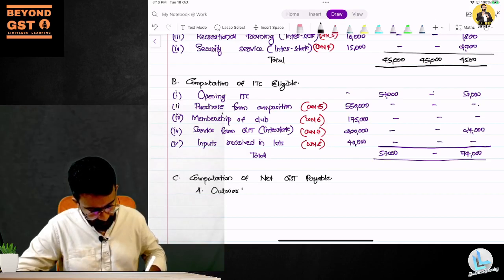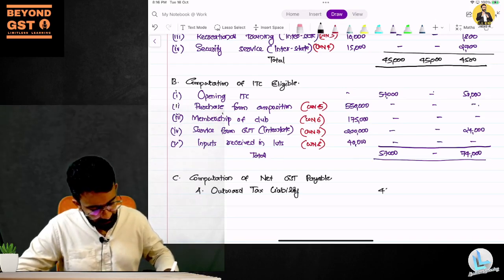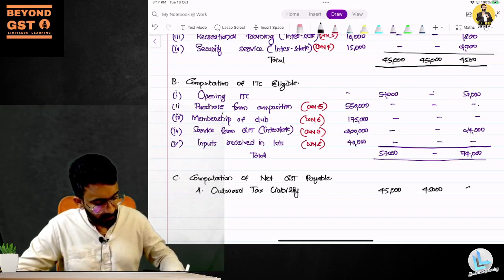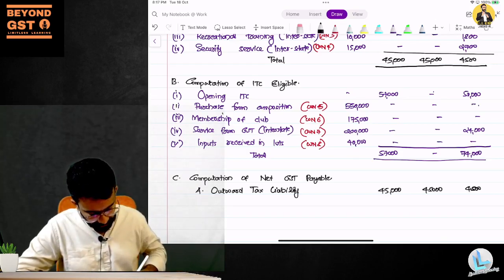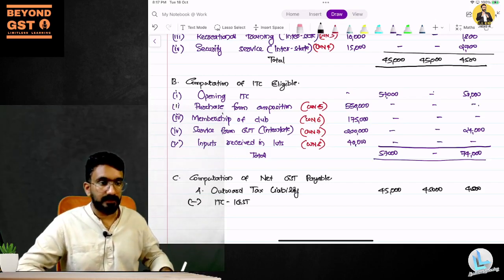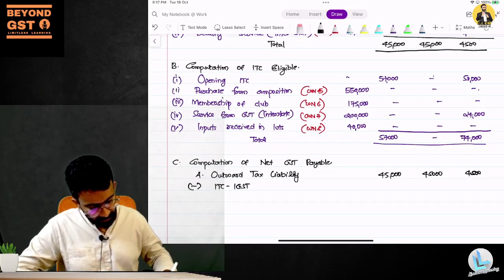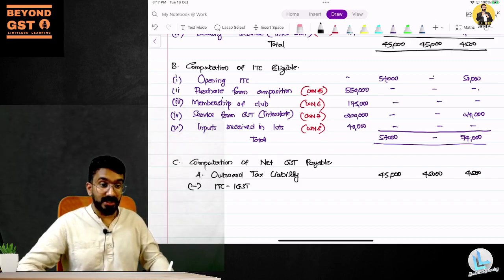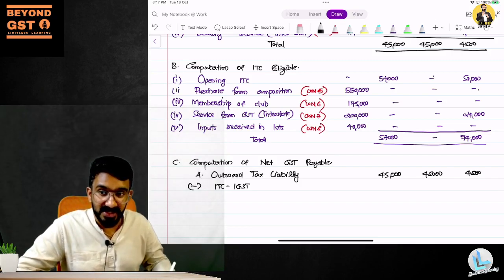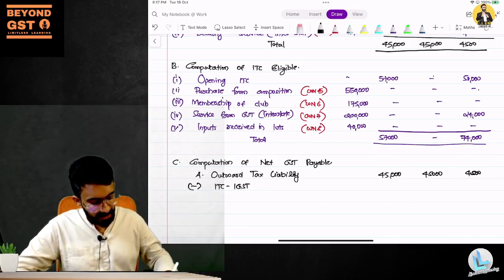How much is it? 45,000, 4,500. What is the first ITC that I have to utilize? ITC of IGST, right? What is ITC of IGST? 74,000 is the ITC of IGST. First ITC of IGST should be set off against what? IGST. So 4,500 will go here.